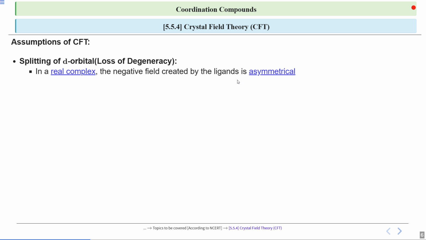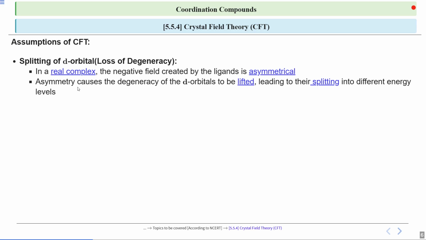But after the loss of the degeneracy, when we get a real complex, this negative field created by the ligand becomes asymmetrical. This asymmetry causes the degeneracy of the d orbitals to be lifted, which leads to their splitting into different energy levels.